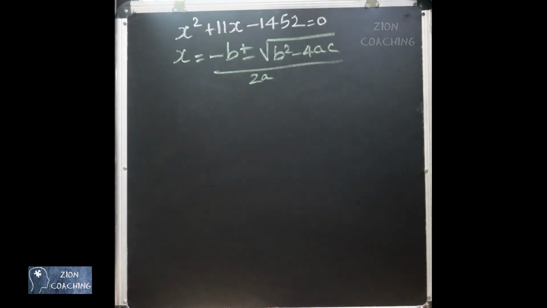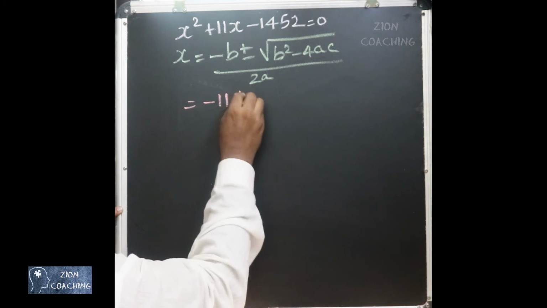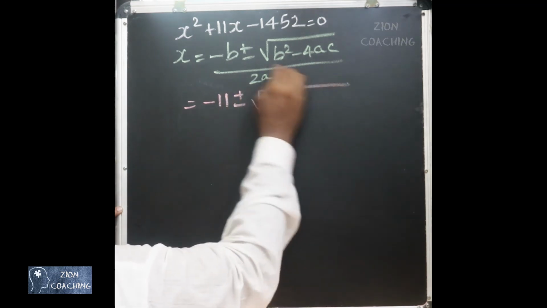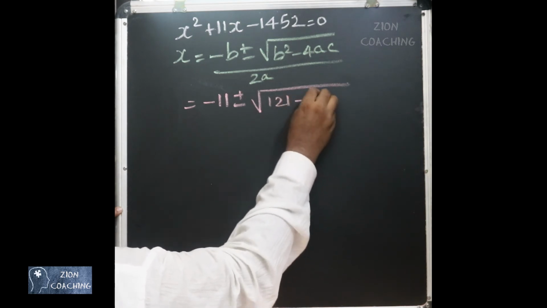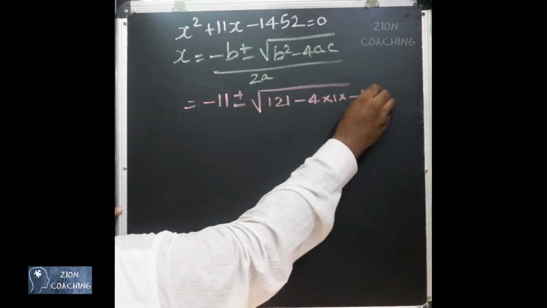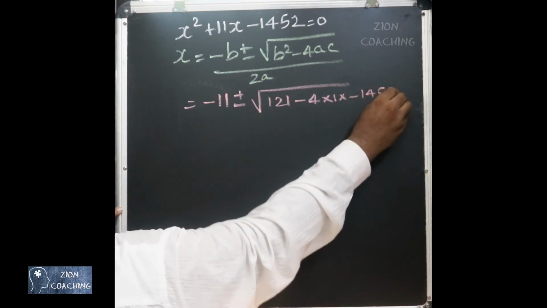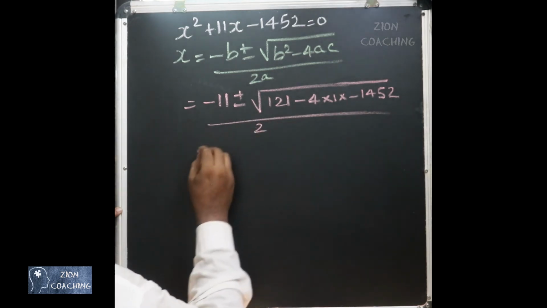So substituting the values, we will get minus 11 plus or minus root of 11 squared, which is 121, minus 4 into 1 into minus 1452, divided by 2 into 1, that is 2.